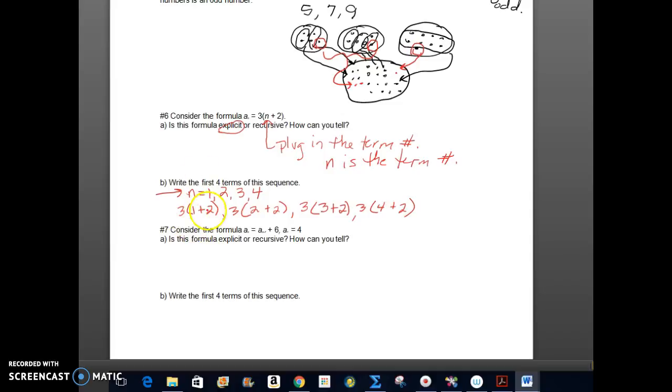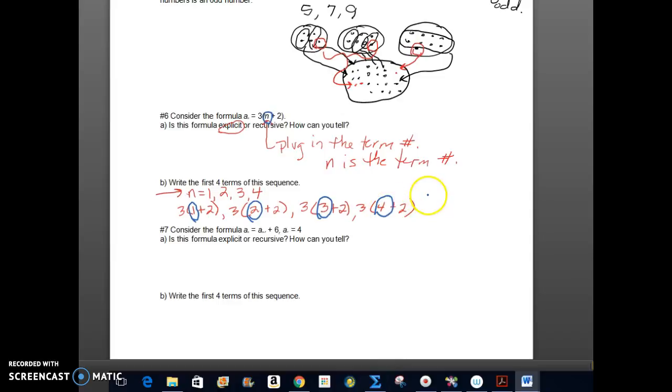So this 1 right here is term 1. That 2 stands for term 2. Term 3, term 4. So I'm plugging those in right there for n.